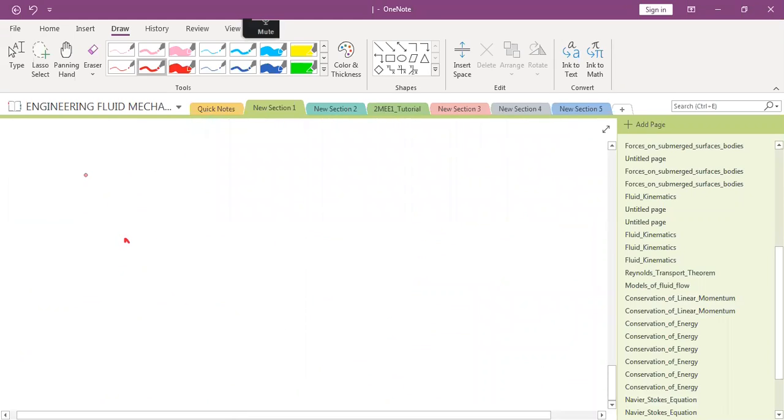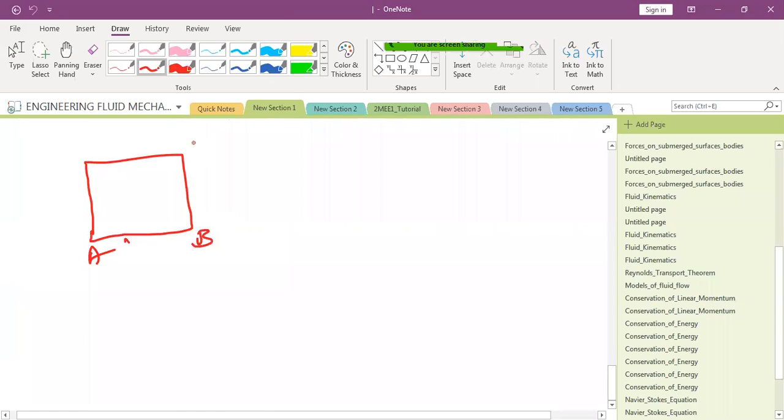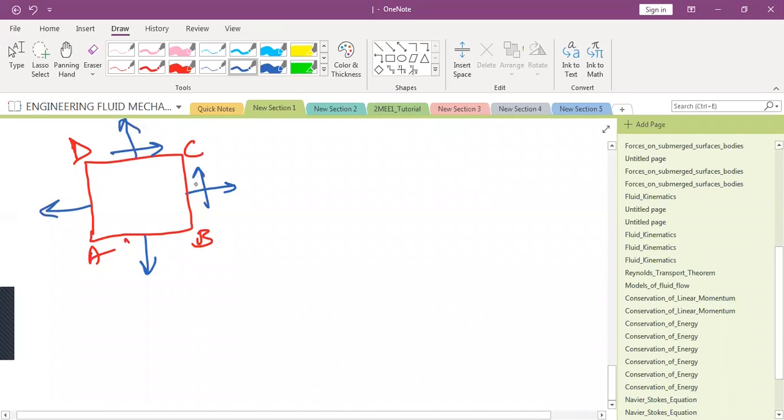This was ABCD, say, and these were the state of stresses on these planes. This is as simple as that. So these are the state of stresses on plane ABCD.